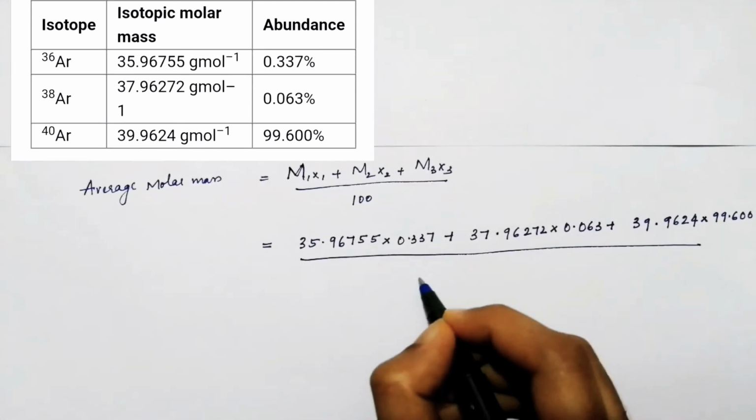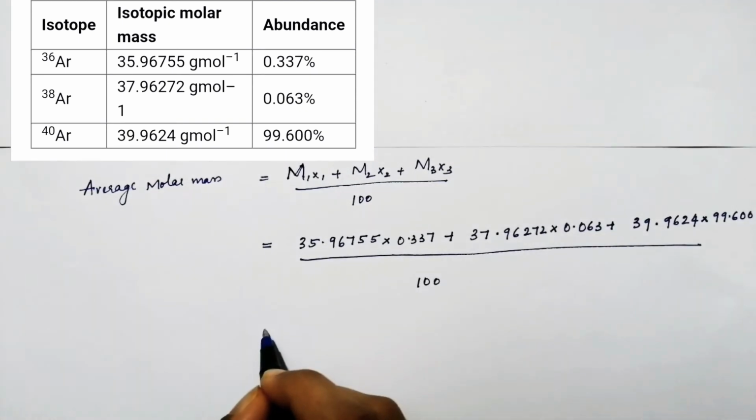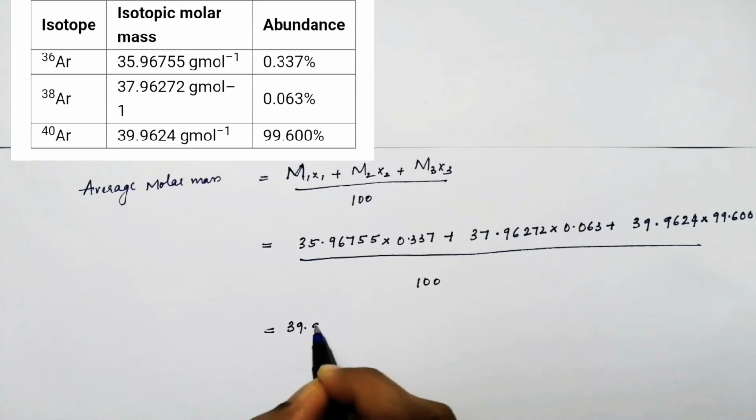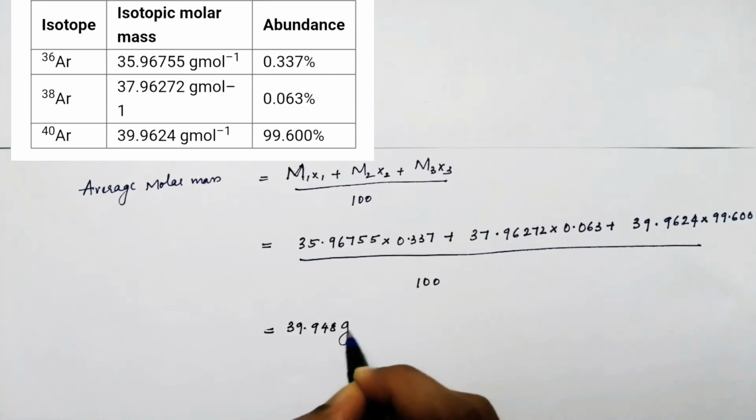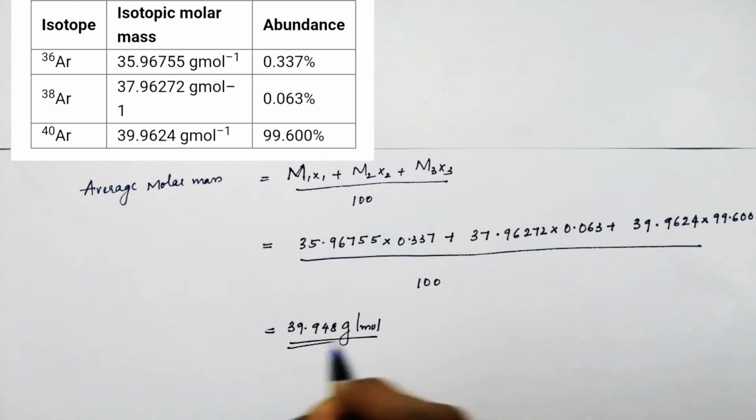The whole divided by 100. We get the answer as 39.948 gram per mole. So this is the answer.